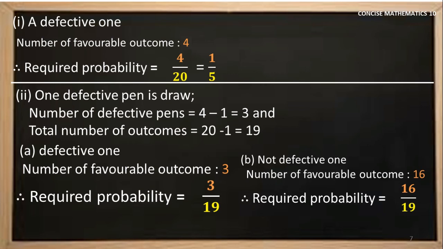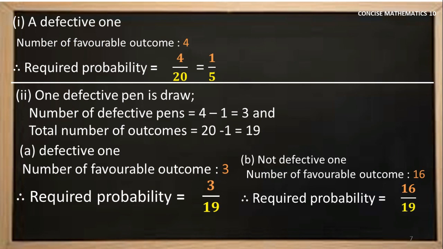Out of 20 pens, among them 4 were defective. Now a defective pen is drawn and it is not replaced. Then what happens? Out of 20, the total number of pens is reduced by 1. Hence the total number of possible outcomes is 19. And which pen is removed? That is nothing but a defective pen. Hence the number of defective pens is also equal to 4 minus 1, which is equal to 3.